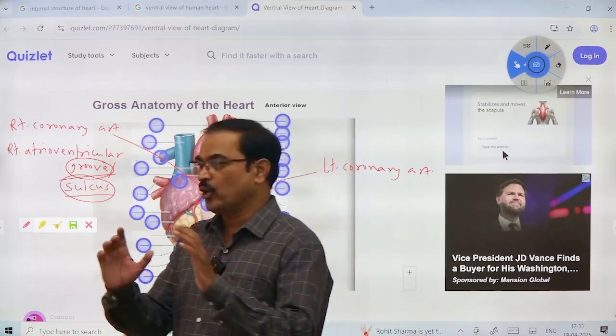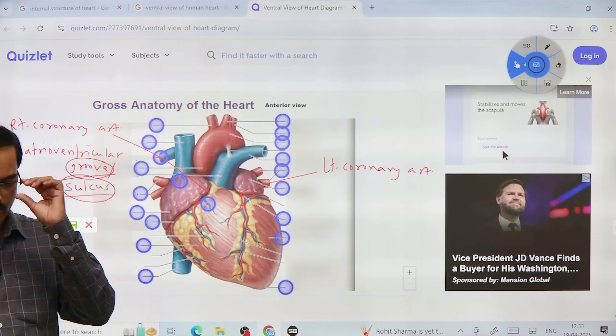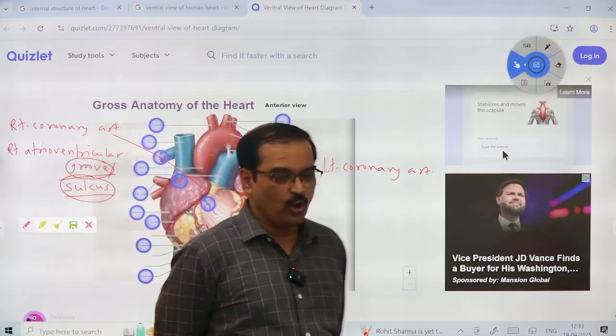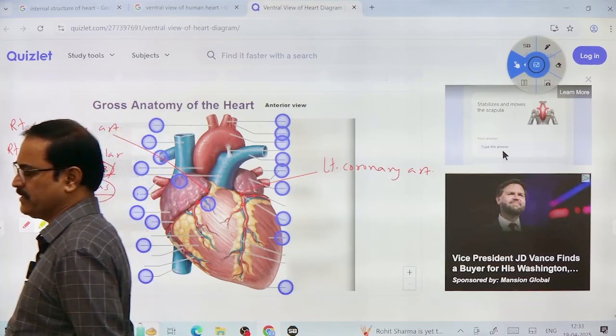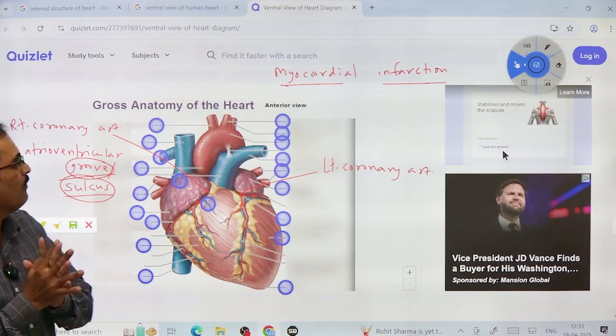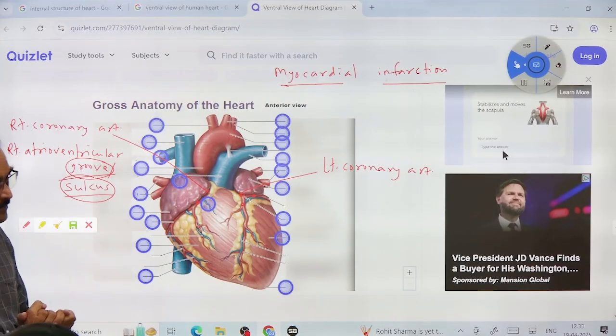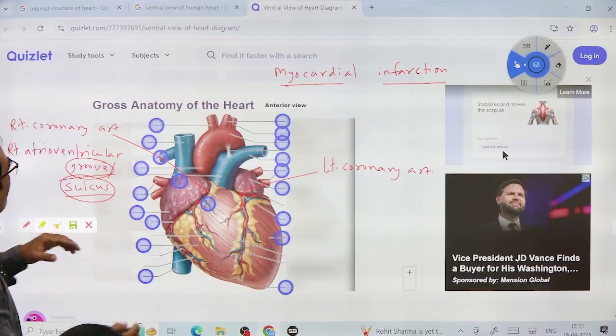They supply oxygenated blood to the heart. Any block in these arteries causes myocardial infarction. Myocardial infarction, that is heart attack. Any doubt here? Okay. Now, so this is about the ventral view.